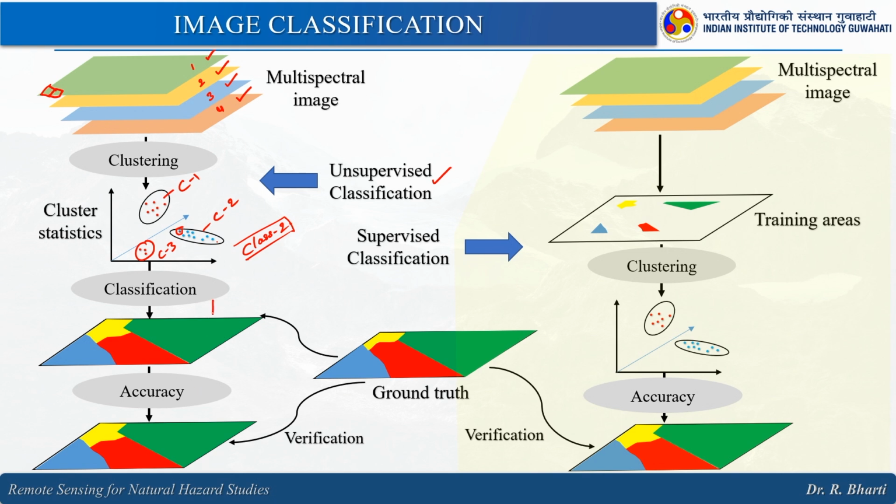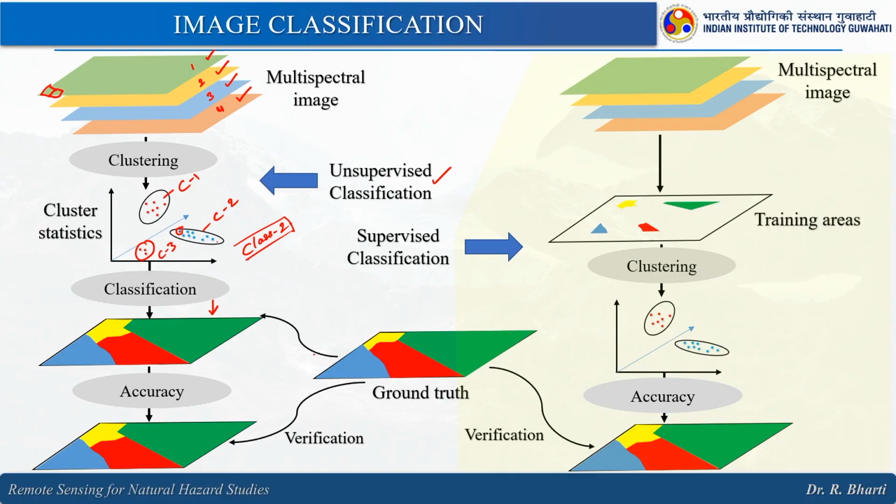Now, after classification, we also need to validate whether our processing, our classifiers, have worked efficiently and produced the correct classes, right. So, what will we do? We will go to the field, we will collect the different class or category information in terms of their latitude, longitude, and then we will try to identify which classes my classifier has classified those pixels into, right. So, if suppose class 1 is mistakenly classified as class 2, according to this algorithm it is giving class 2, but actually in the field it is class 1.